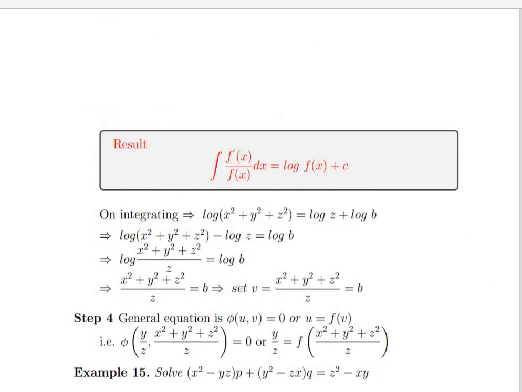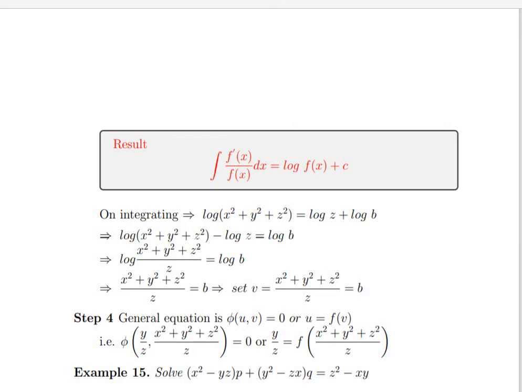Here we will apply the result that we have discussed in the previous problem also, that is integral f dash x by f of x dx equal to log f of x plus c. On applying that result in the procedure of integration, we will get log of x square plus y square plus z square is equal to log z plus log b, where log b is the integrating constant.